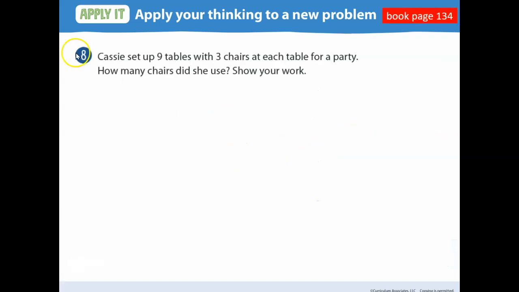So go ahead and solve this problem for me. It says Cassie set up 9 tables with 3 chairs in each table for a party. How many chairs does she use? Show your work. Go ahead and do that for me. All right. You could do a couple things, right? I could do equal groups, correct?